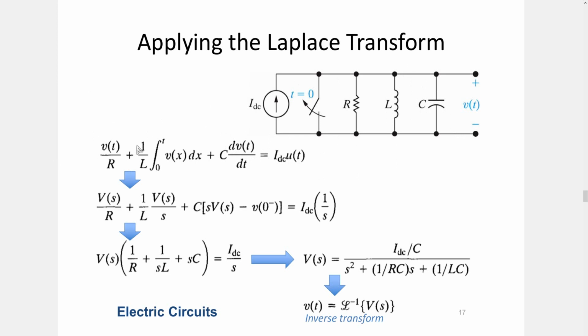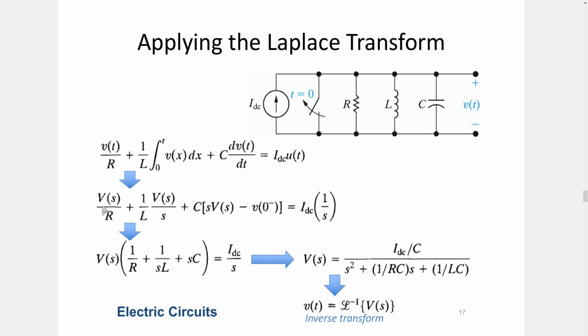If I need to now go into the frequency domain, I need to transform my variables into the frequency domain variables. First of all, variables will be capitalized, as you can see. The v(t) will be V(s) because we are now in the frequency domain.